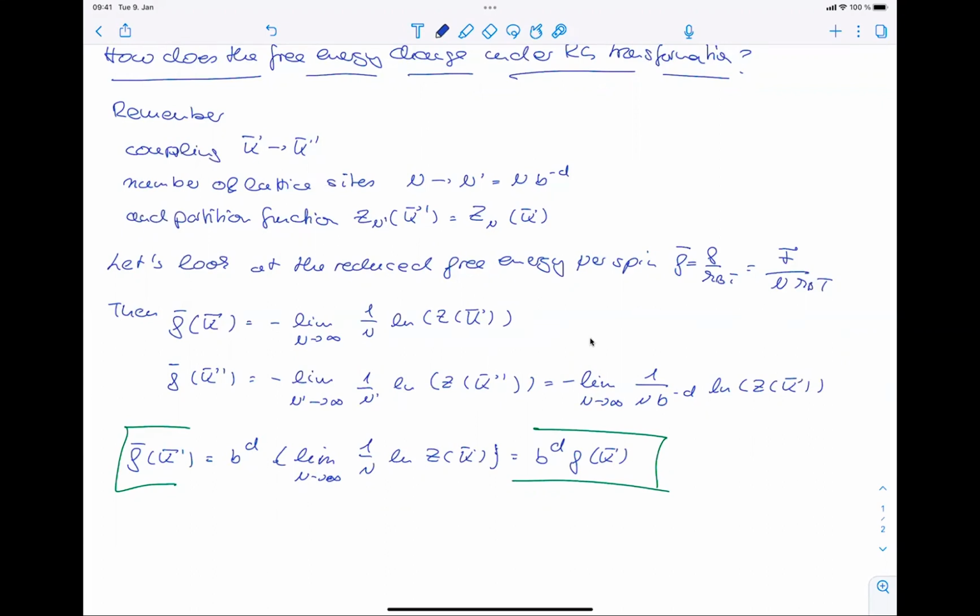And that's basically what we're going to do for the rest of the day. We're going to aim to extract how observables scale under these transformations.